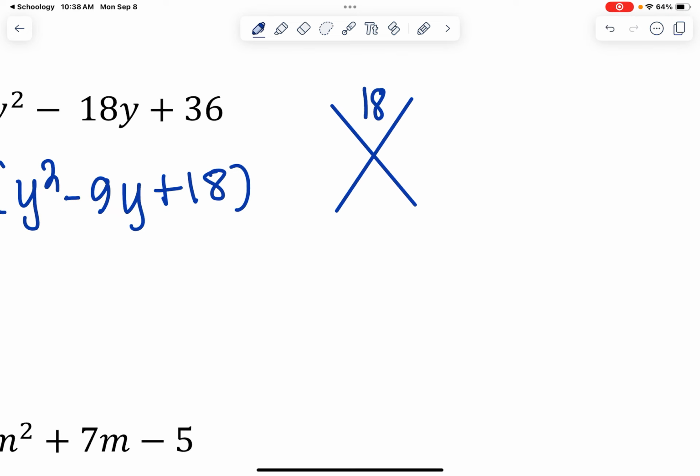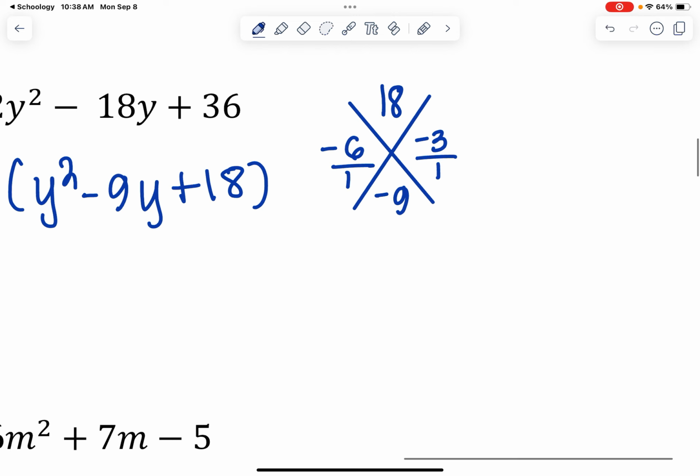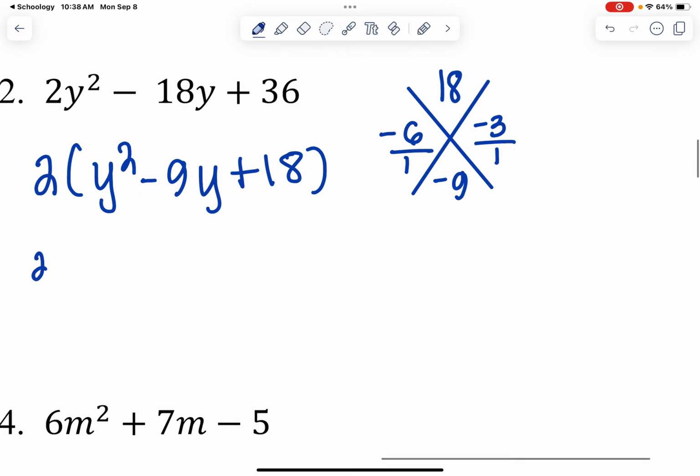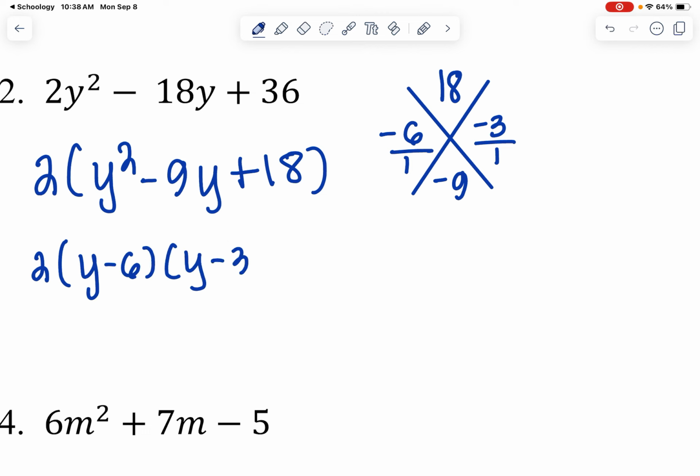I'm looking for 2 numbers that multiply to give me 18 and add to give me -9, which are -6 and -3. Since the lead coefficient is 1, I don't have to worry about dividing that out. So I don't forget about this 2 here, otherwise it's not an equivalency. 2 times y minus 6 times y minus 3. All right, bottoms up, y minus 6, y minus 3.